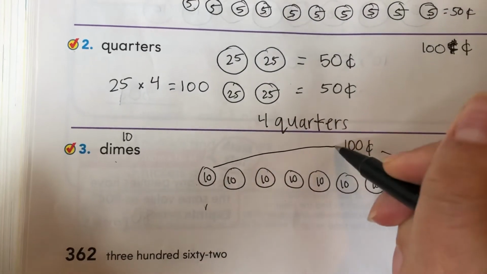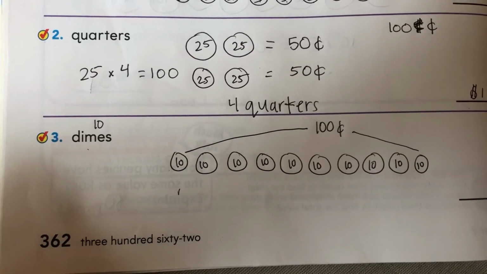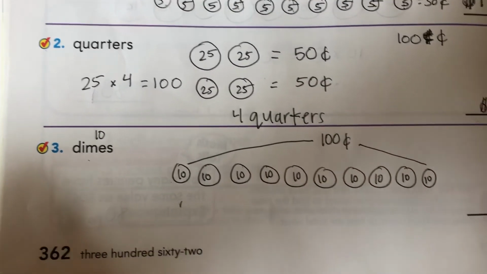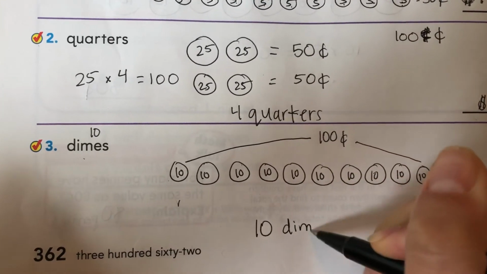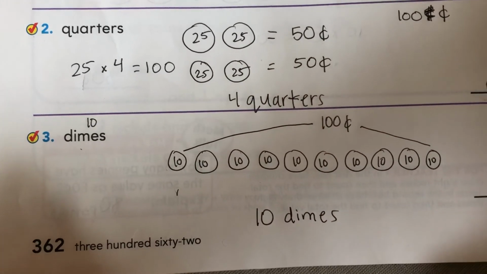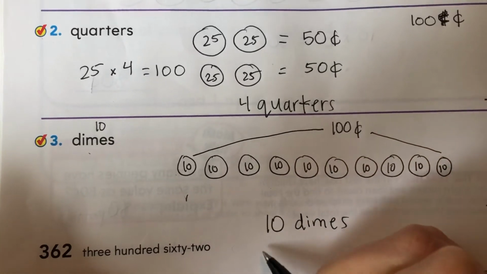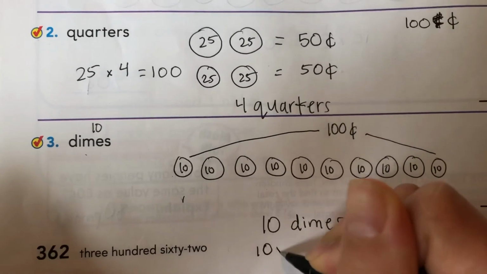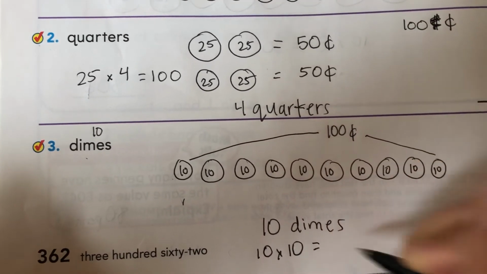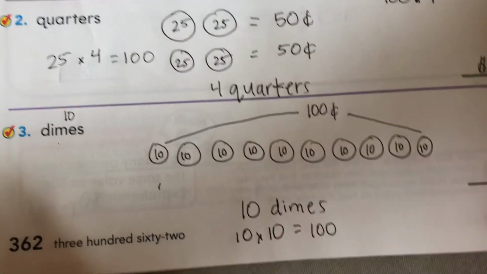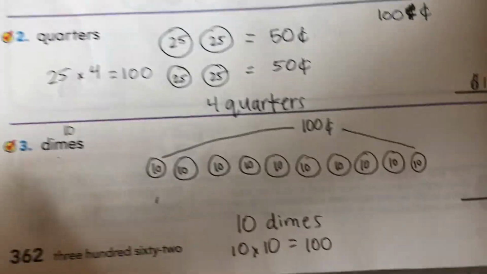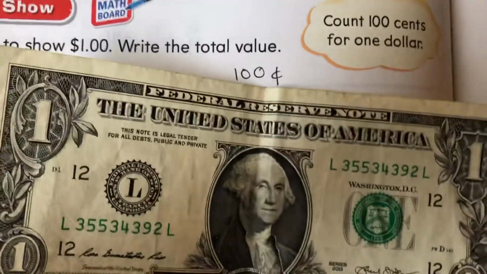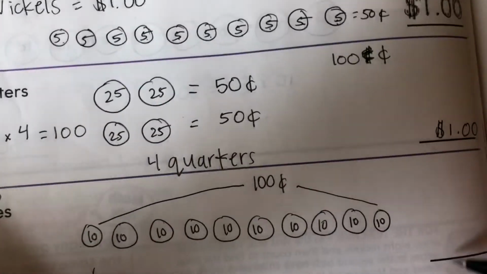This all makes 100 cents. How many dimes did I use? 10 dimes. Intro to multiplication. Having 10 and adding it 10 times, that's going to get me to 100. And if I change out this 100 cents for $1, I'm going to get $1.